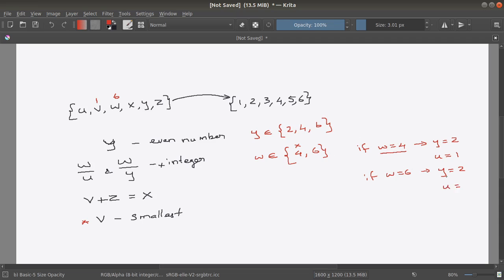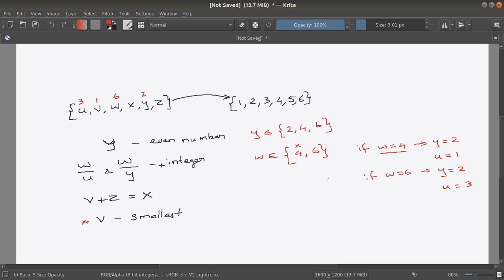So that's the number with which I can divide this w, right? So it's 3. So now these are the numbers. Let me assign these numbers. So y is equal to 2 and u is equal to 3. Okay, so these two numbers are yet to be identified.